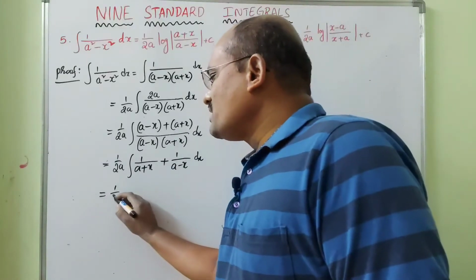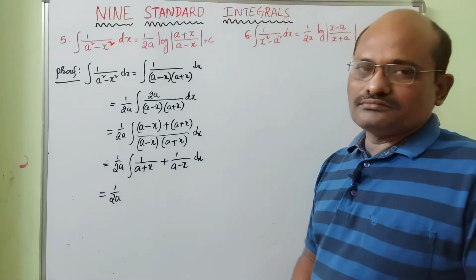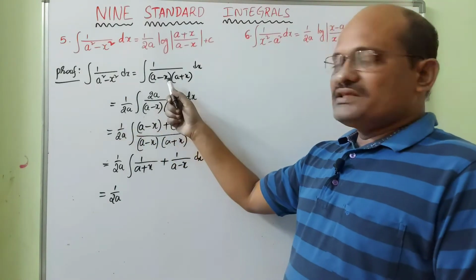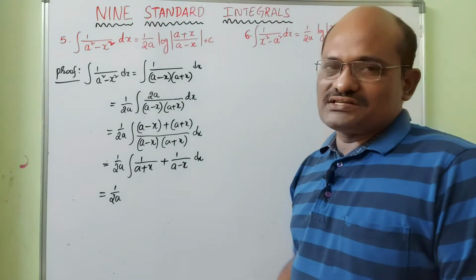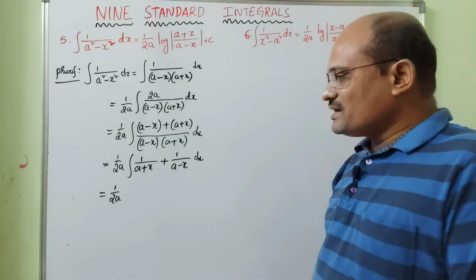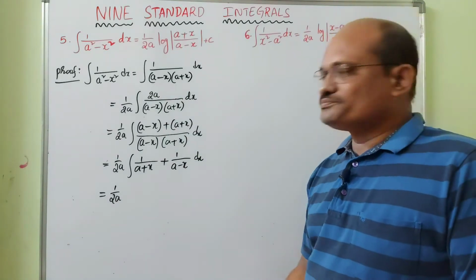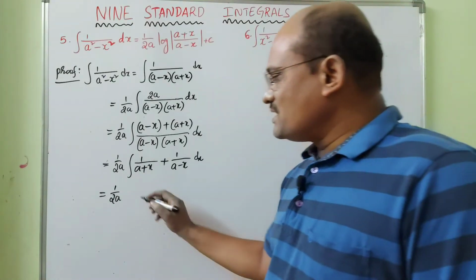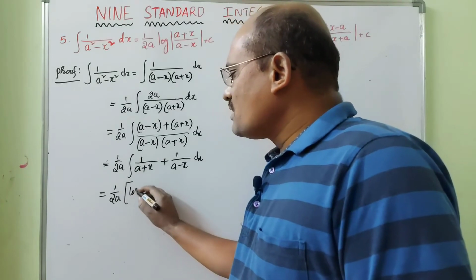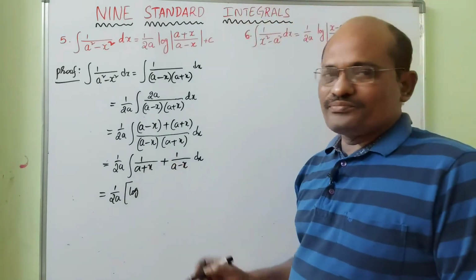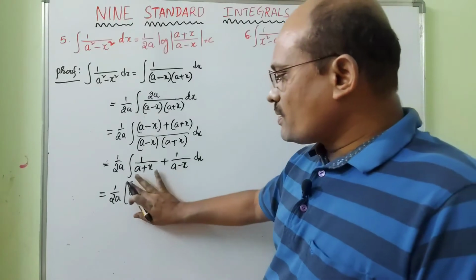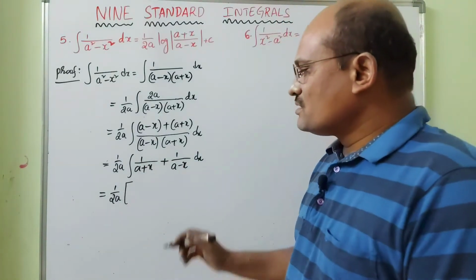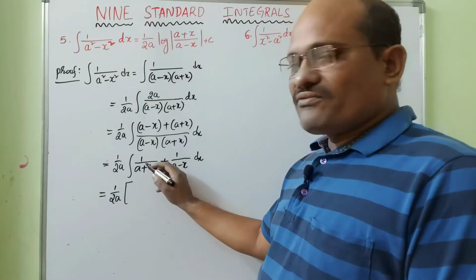Now go for integration. Actually what I did is partial fractions. I resolved this fraction into partial fractions. Now I am going to integrate because these are in the standard form. 1 by a plus x is in the form 1 by x.